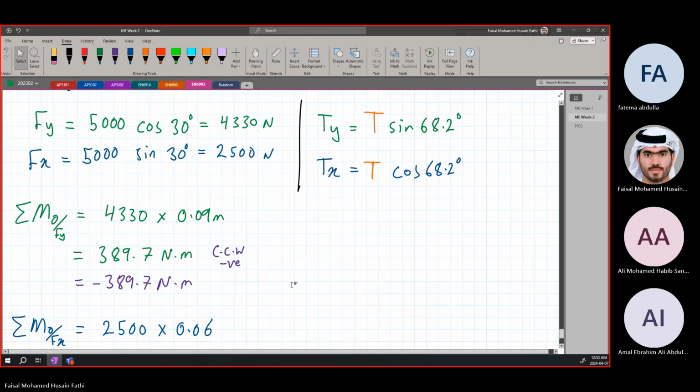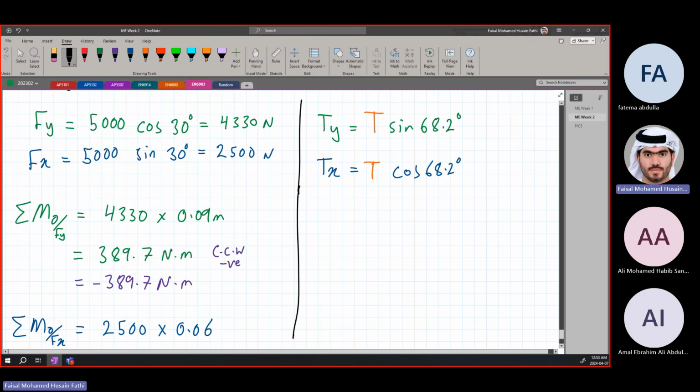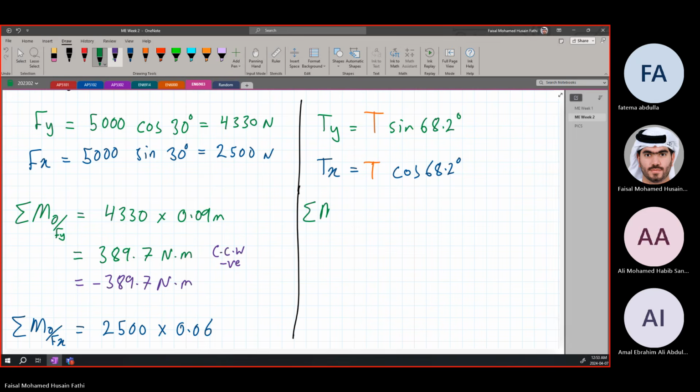Now let us look at the other half, which is the T. So the moment about O for Ty is equal to T sine 68.2. What's sine 68.2?